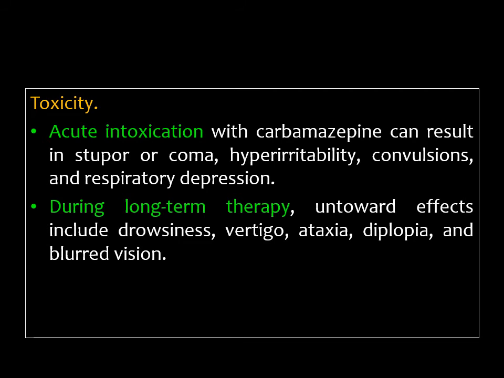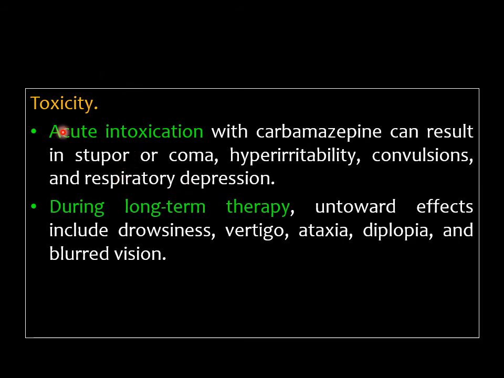As far as toxicity is concerned, acute toxicity can result in even severe stupor or coma. The patient may be in a state of hyperirritability or develop convulsions, but it can depress vital centers including the respiratory center.